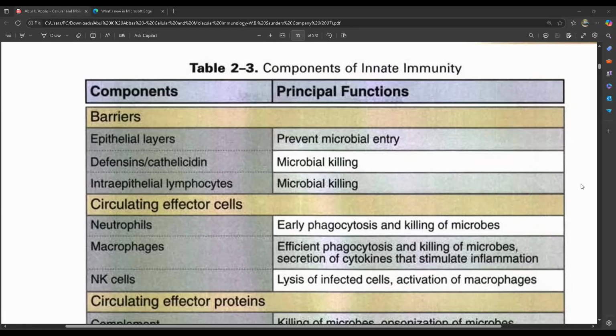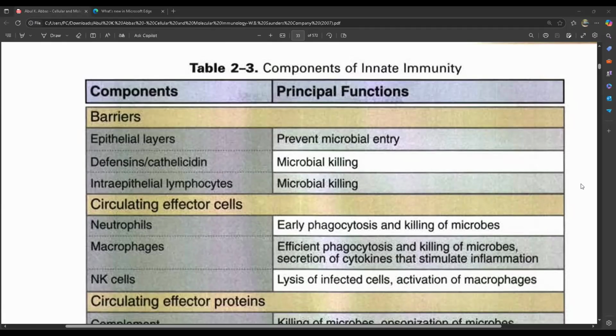You know that there are two types of immunity, innate immunity and acquired immunity or adaptive immunity. In adaptive immunity, we know that antibodies and T cells are involved.